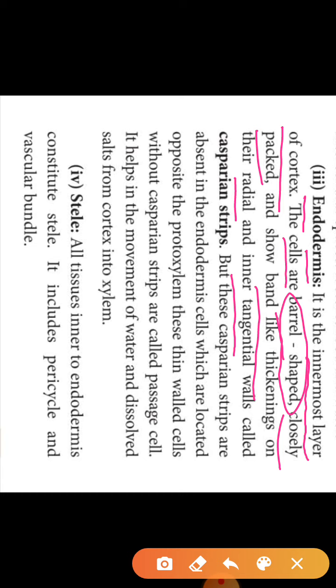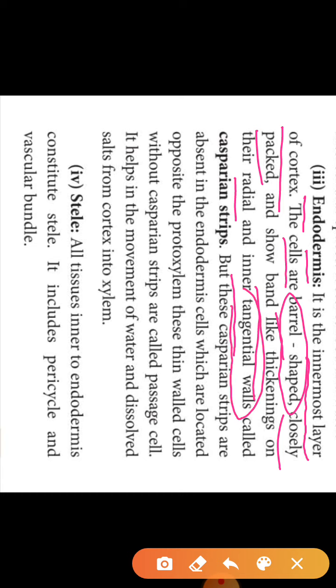What is radial? Arranged like a ray, developing uniformly around a center axis. What is tangential wall?